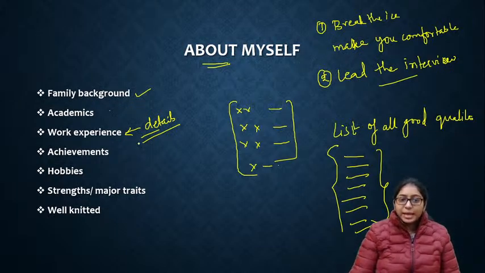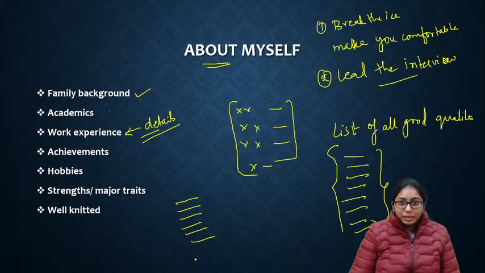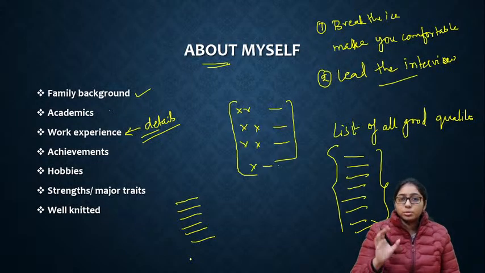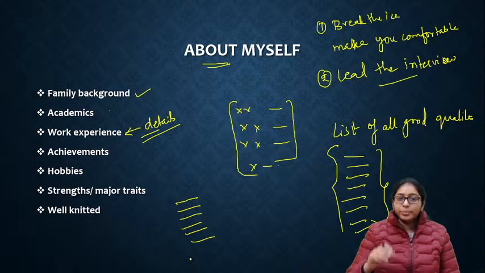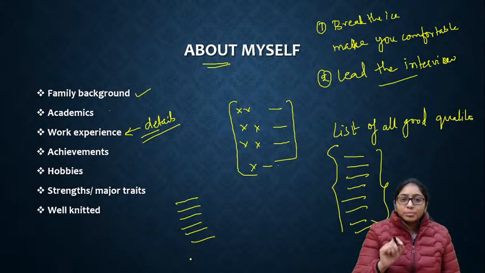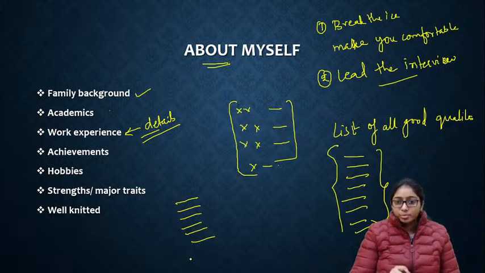So about myself is like a pointer that yes, these are the points that I am going to discuss, these are the points that I want you to ask me. So try to build your about myself in that manner. Put in pointers. Don't get into a lot of details, but put the pointers that these are my key highlights, these are my key achievements which I want you to discuss with me.